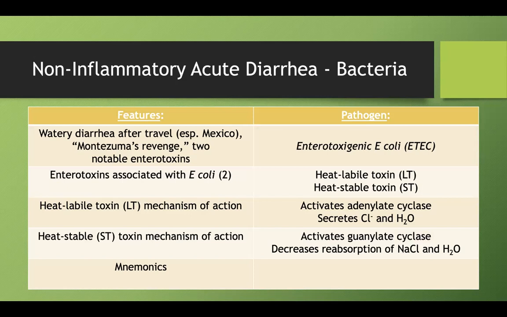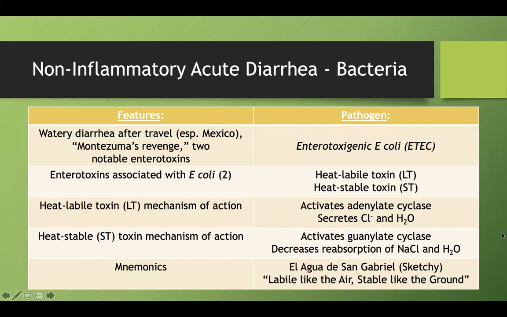A couple of mnemonics you might be familiar with regarding how to tell the difference between LT and ST: Sketchy uses a mnemonic. They show that picture and they show El Agua de San Gabriel, where the L and the A go together. So that tells you that LT activates adenylate cyclase, and the heat stable toxin, which is ST, will activate guanylate cyclase.